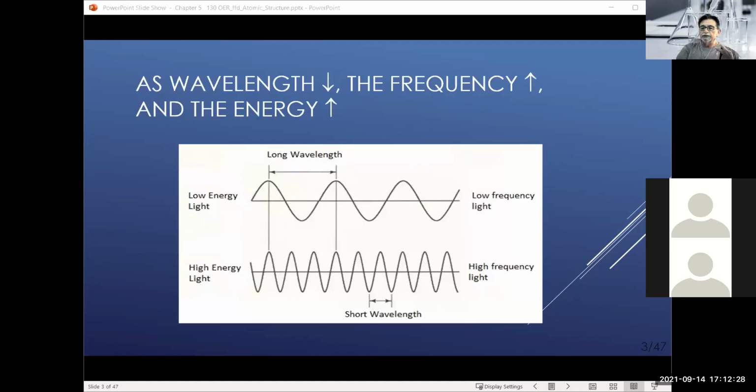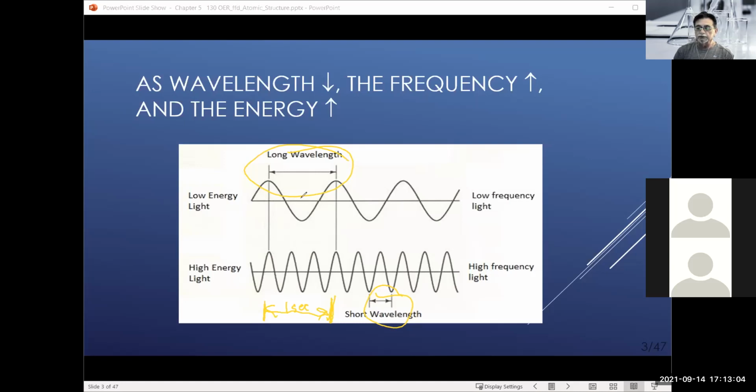So if we look at these 2 diagrams, obviously it represents 2 different wavelengths. You can see the top one relative to the bottom one. The top one has a longer wavelength than the bottom. Okay. And if we were to say from this point to this point was 1 second, you can see that in that time period we got maybe 2 wavelengths in the top image, where in the bottom we got 1, 2, 3, 4.